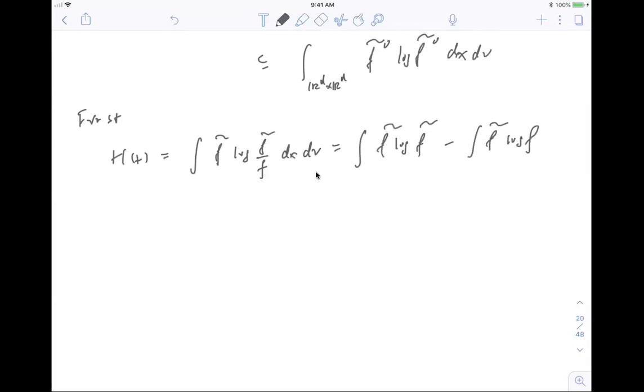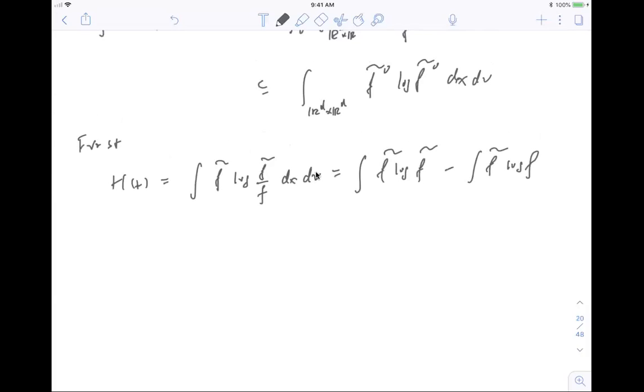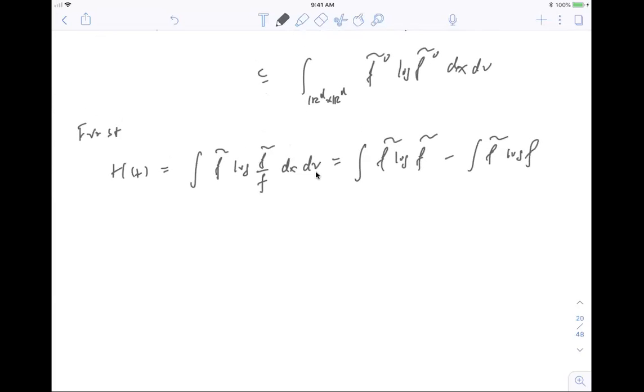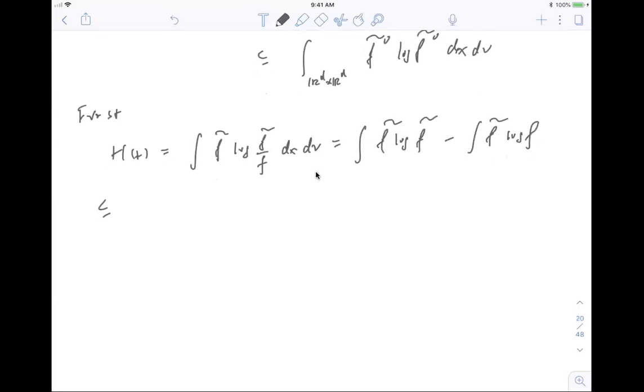Since f tilde is an entropy type weak solution, it dissipates entropy. It satisfies the entropy inequality. So we can rewrite, with f tilde 0 the initial data.